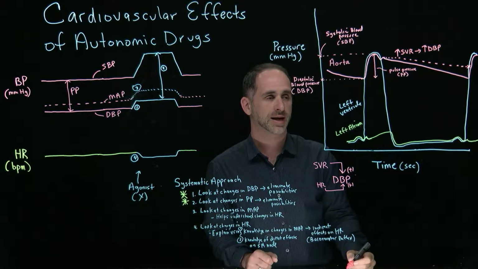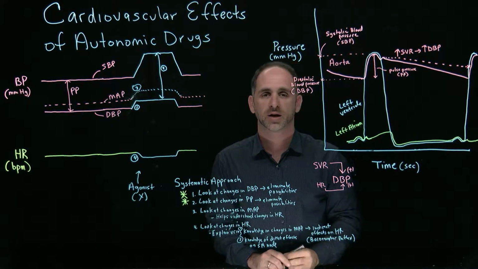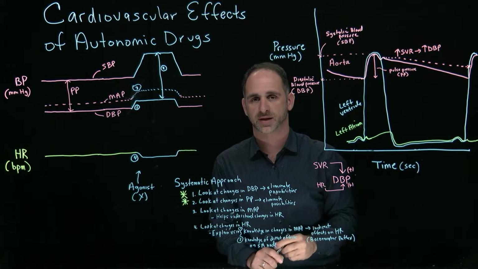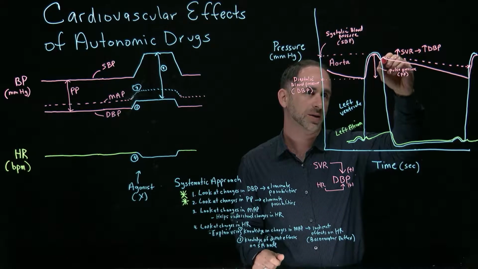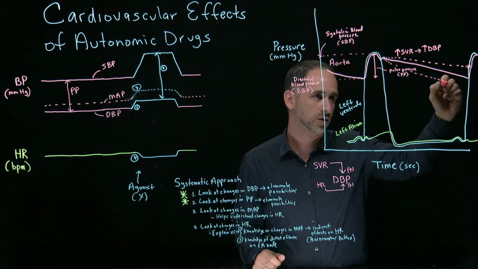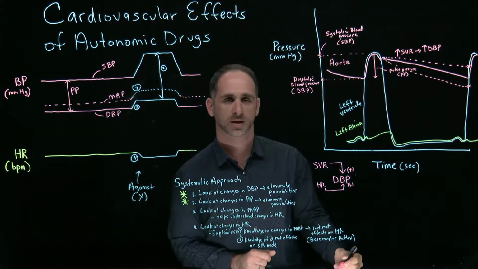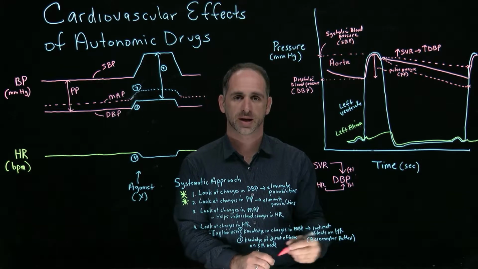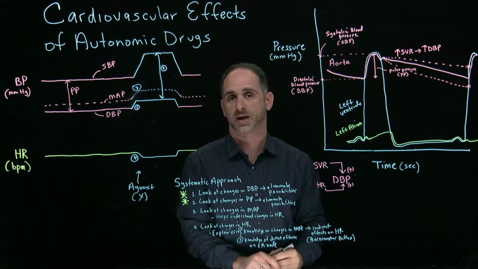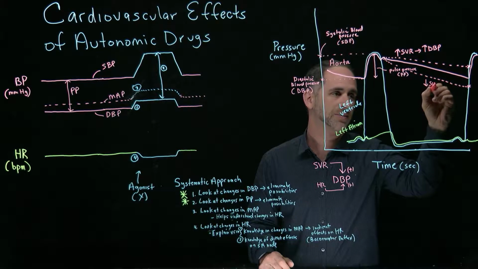All right. Now I could also look at the other side. What if I caused a drop in the systemic vascular resistance? Well, as I would expect here, this would result in a more dramatic drop in the pressure, and I would end up with a lower diastolic blood pressure. So this would be an example of a decrease in systemic vascular resistance.